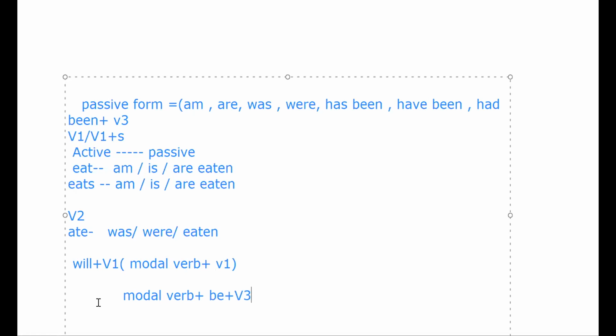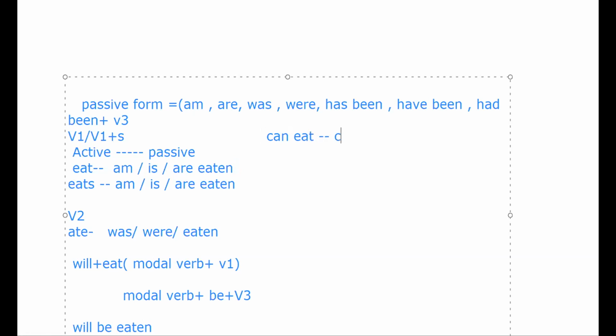Now what is the passive form of will eat? Will eat passive form is will be eaten. Okay. What about can eat?